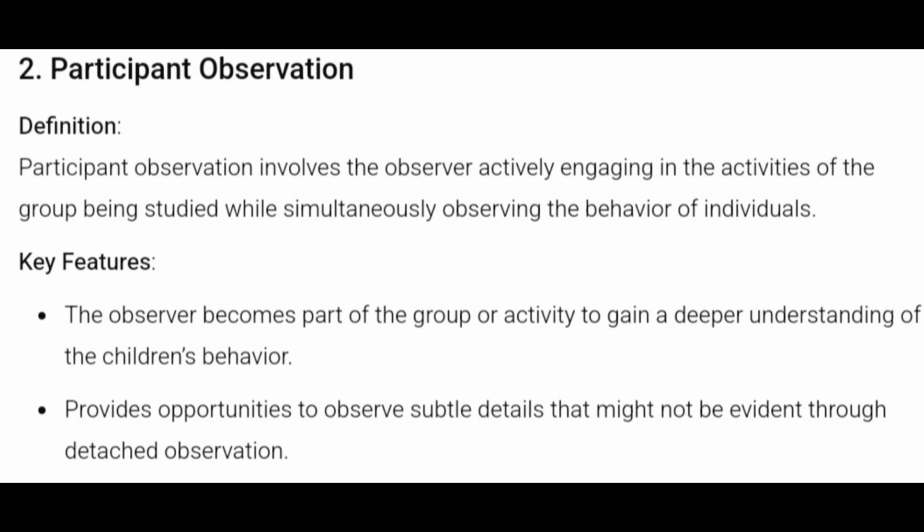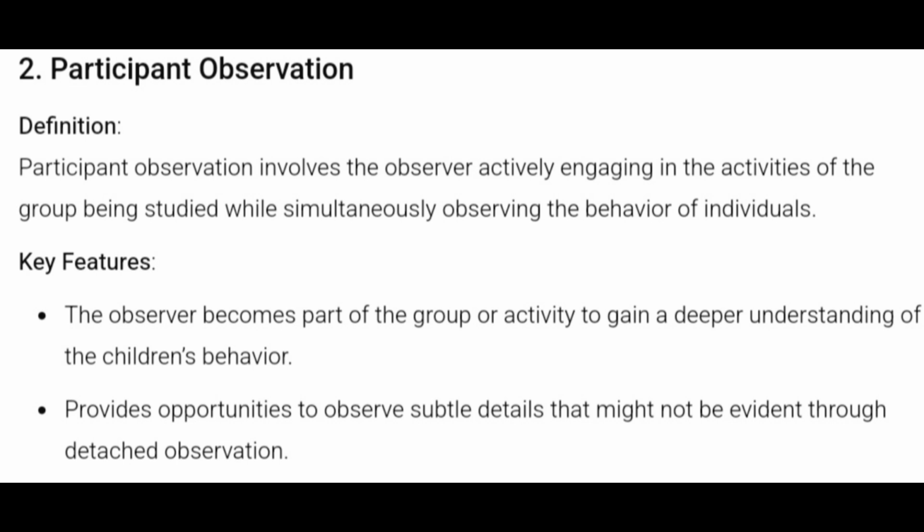All right, what are the key features? The observer becomes part of the group or activity to gain a deeper understanding of the child's behavior. Here the observer becomes part of the group, so he is observing the child very, very closely. He is understanding the child in a better way, right?